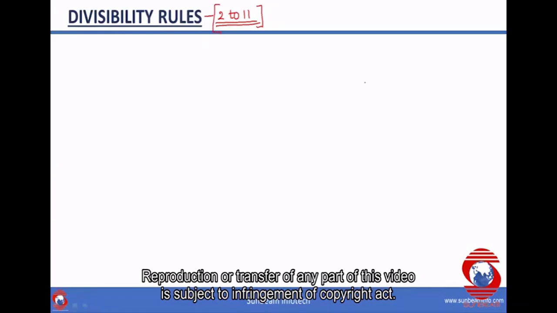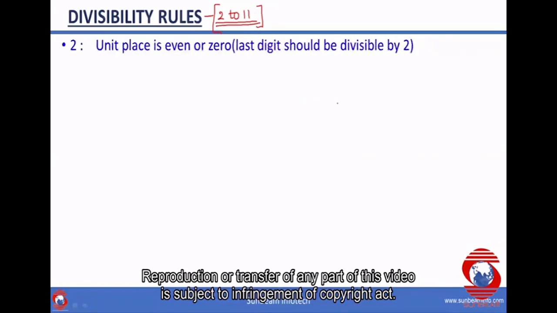Now, if I have to speak about 2, what is 2? यूनिट डिजिट में अगर इवन होगा, what is the rule of 2? It says अगर उस नंबर में उसके यूनिट डिजिट पे कोई इवन नंबर होगा या 0 होगा, then that number is divisible by 2, right?